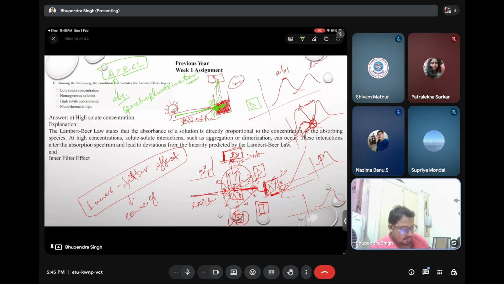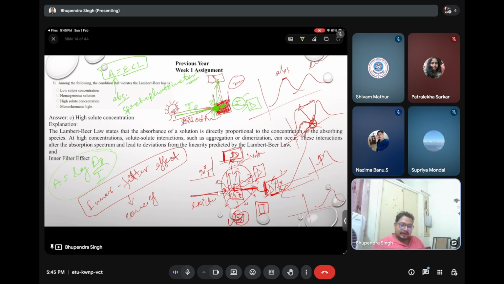Again the transmitted light. The light will not be transmitted because all the molecules have absorbed it. So the detector will not detect the transmitted light, and you know the absorption is log I by I zero. I zero is this, I is this. If you do not detect I, you will not get the absorption.